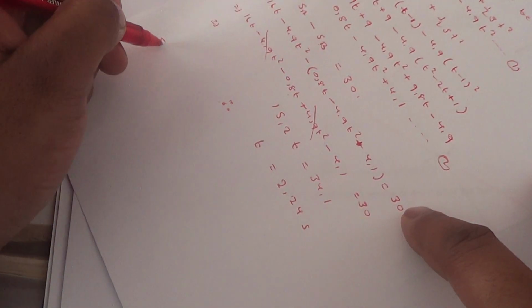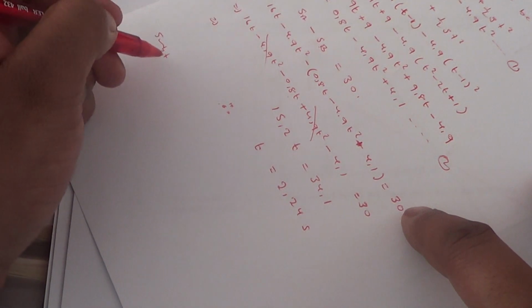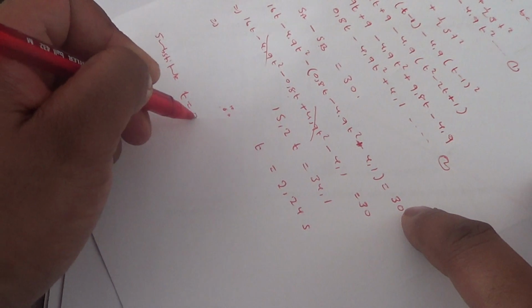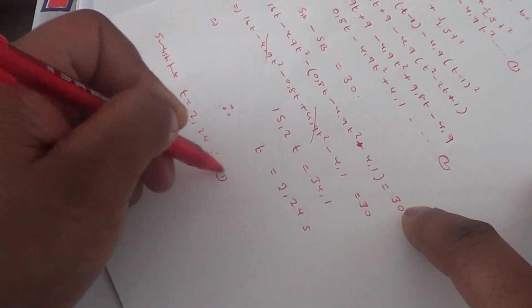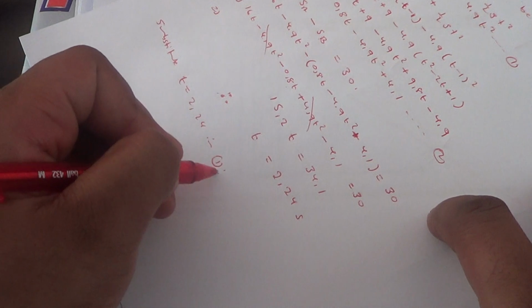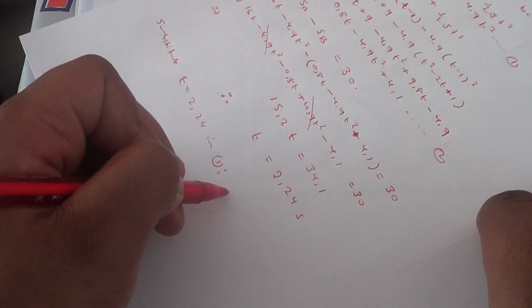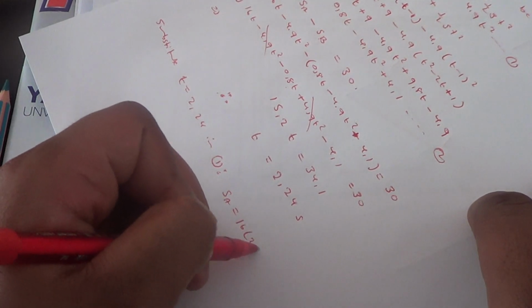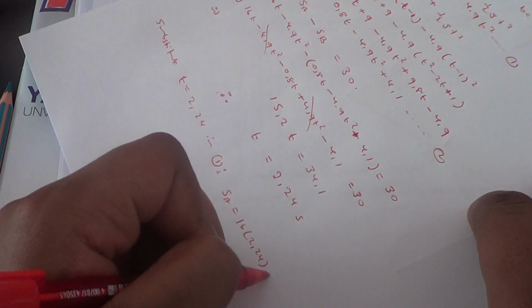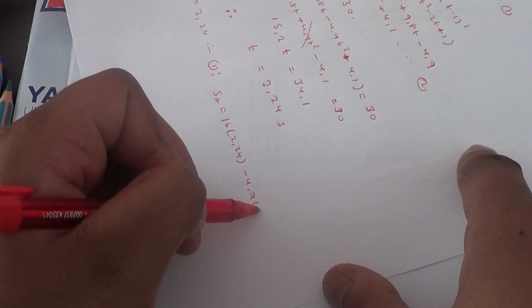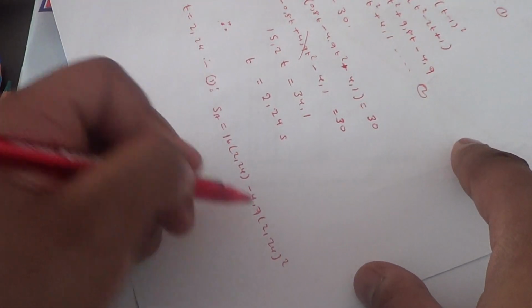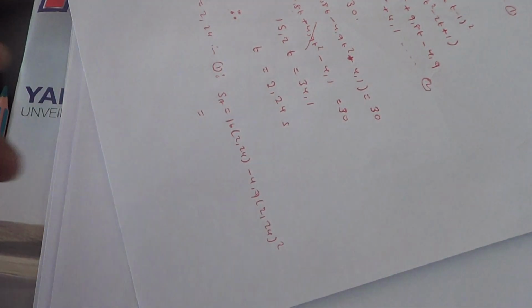We can now say substitute t equals 2.24 in equation 1, which will give us now SA will be given by 16 into 2.24 minus 4.9 into, oops, you can see, into 2.24 squared. Alright, so this will just give us the answer.